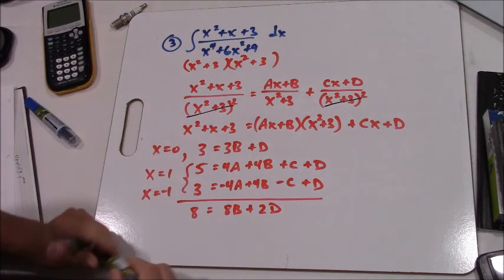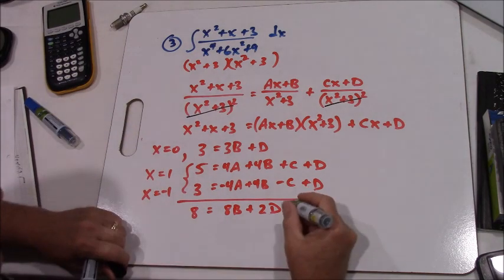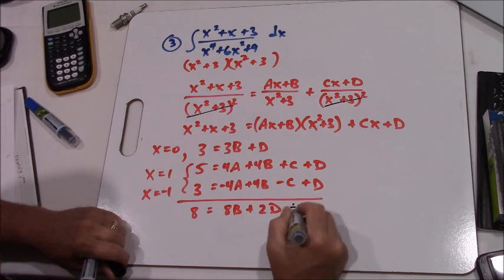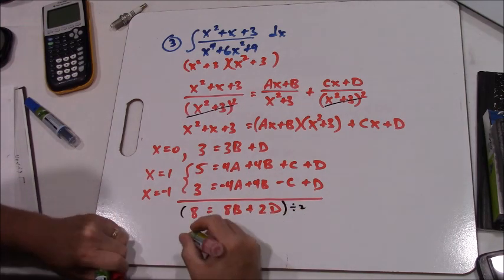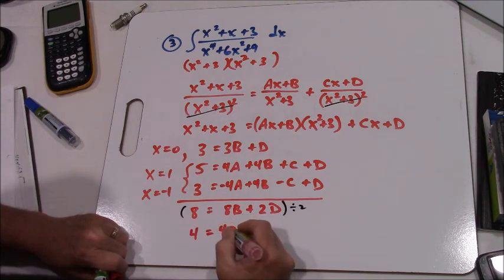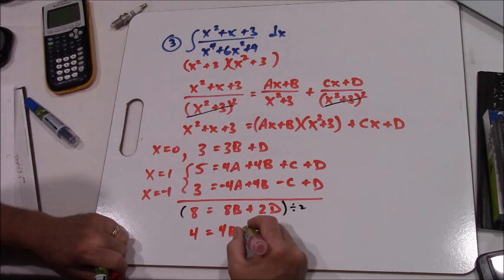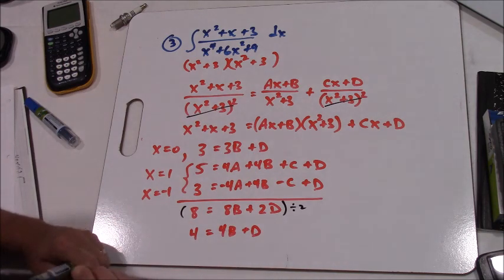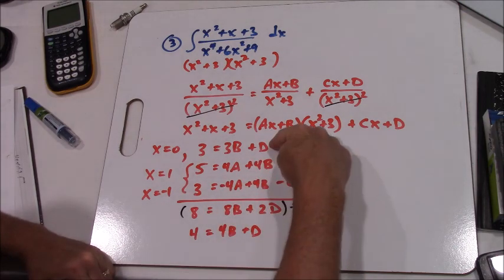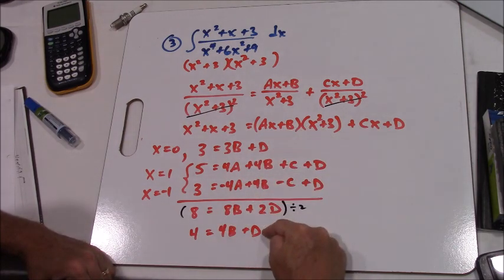I could then take this and divide everything by 2 just to make the number smaller. And so what I get is 4 equals 4b plus d. So now, if you look at our first equation, that has the variables b and d. This has the variables b and d.